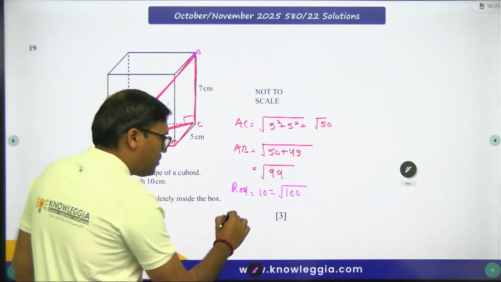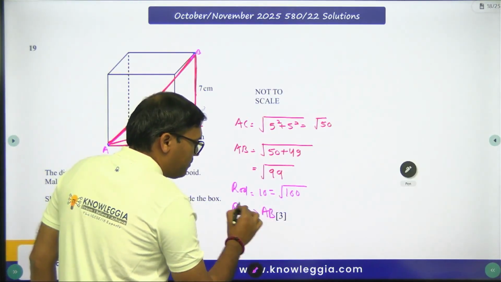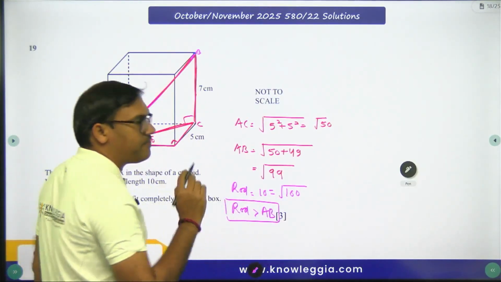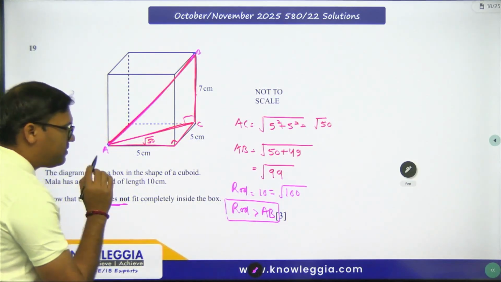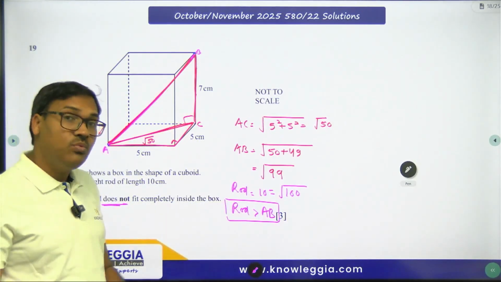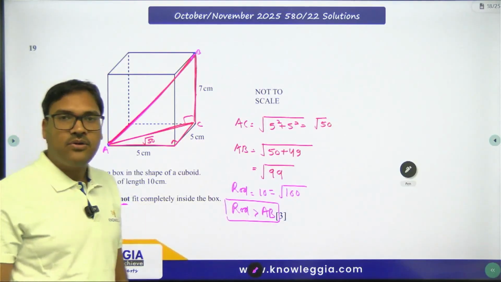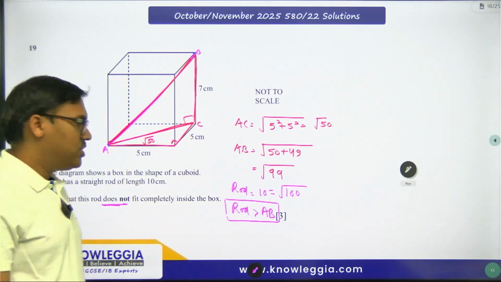That means the length of rod is more than the largest diagonal possible here. That means we cannot fit this inside this box because the length of rod is more than the maximum diagonal of this cuboid. So I hope this is clear. This is how we can easily prove this.